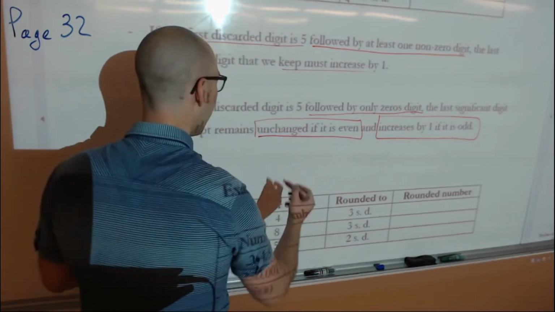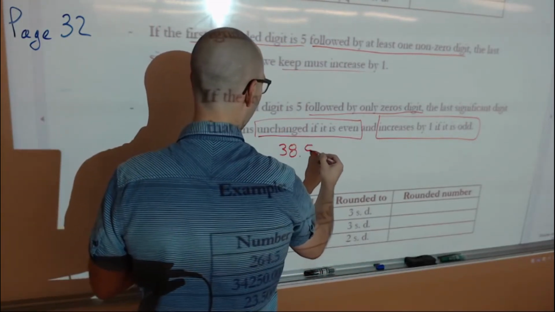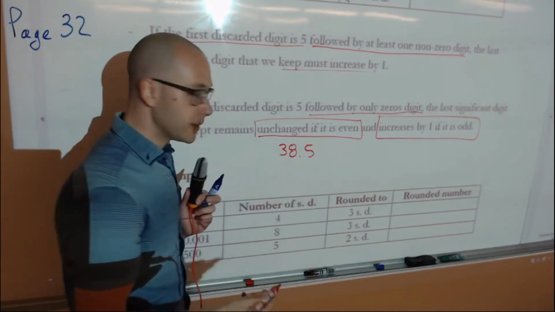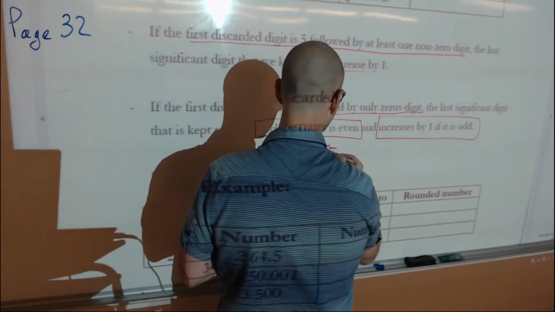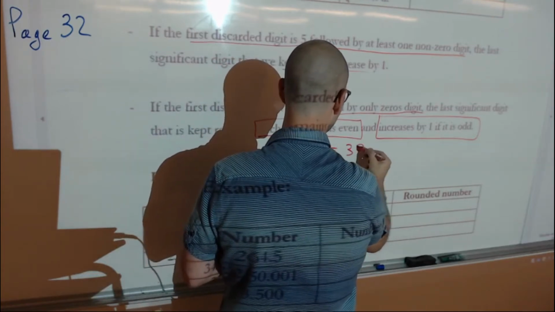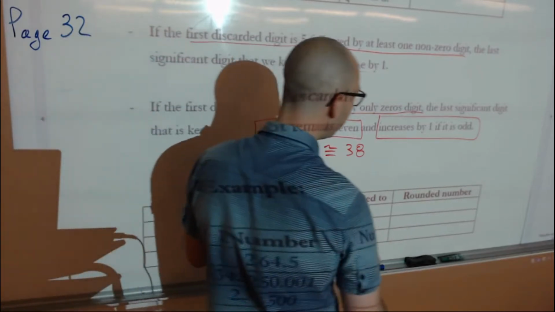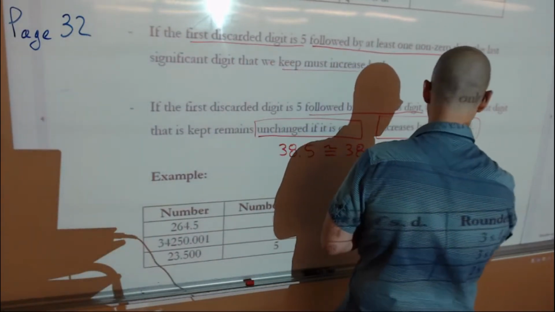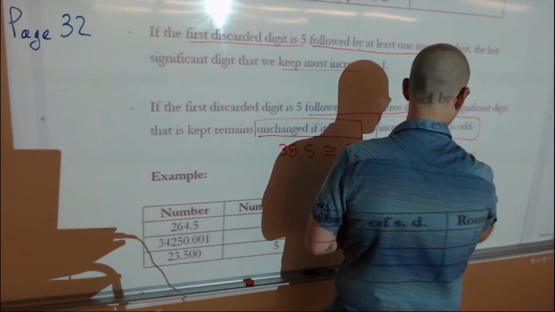So if we have, let's say, 38.5 and we wish to round that to the unit, we will round that to 38. Why is that? It's because we are precisely in between 38 and 39.